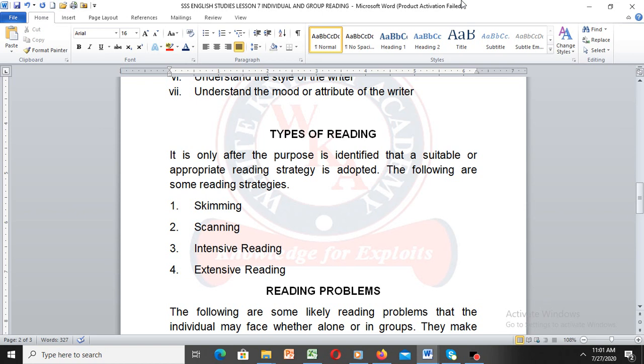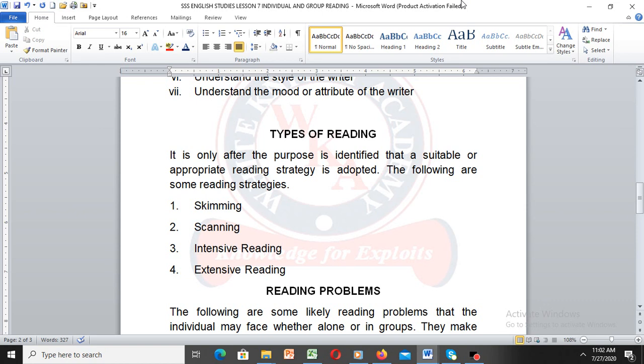So the reading is usually done very fast, while all irrelevant data or items are neglected. So it's not every information you are reading for. Those information that are not necessary for you now, you neglect them. So you read fast to be able to get and deduce the information that you are out for. That is the meaning of scanning in reading. You are reading for a particular information.